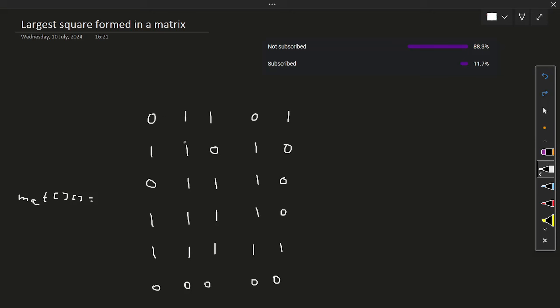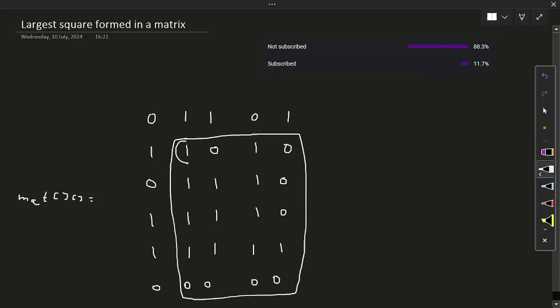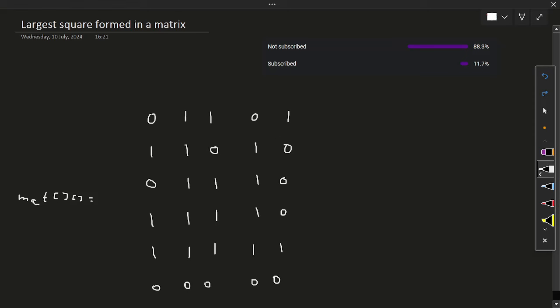So let's build our answer starting from cell (1, 1). Starting from here, we can make a square of length 1, 2, 3, 4, any length, so we don't have to bother about the length. We just take the minimum element from the neighbors, from this cell or this cell, because that will make our square of the minimum length.